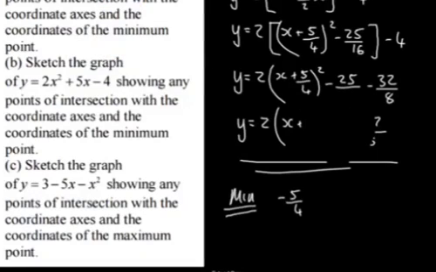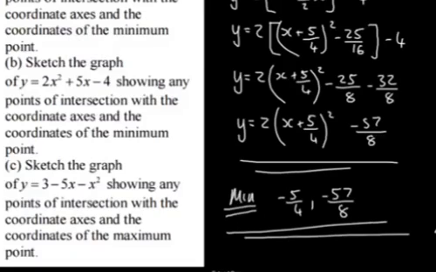Let's just take that back and there we go. We need that one, that's what I want. Right, okay, so what we've got on here now is the minimum is going to be (-5/4, -57/8), so a much more challenging one. Okay, so that's the minimum, that's fine.